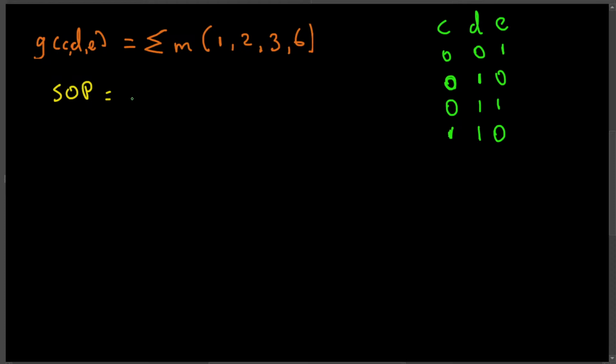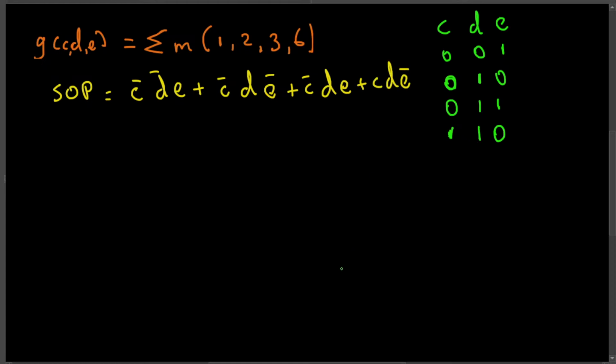So this is going to be C complement, D complement, E, and then plus the next one. We are going to have C complement, D remains the same, and then E complement. And the next one, we are going to have C complement, D, E, and the last one, we are going to have C, D, and E complement.